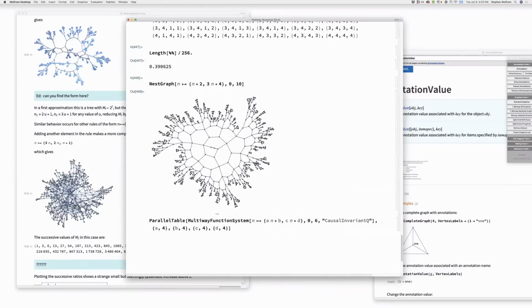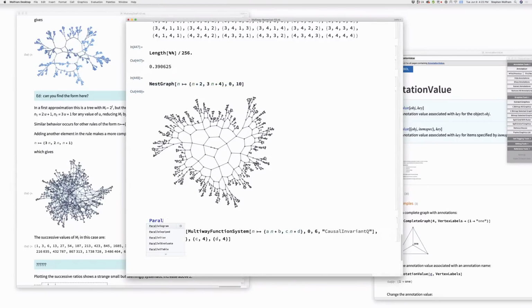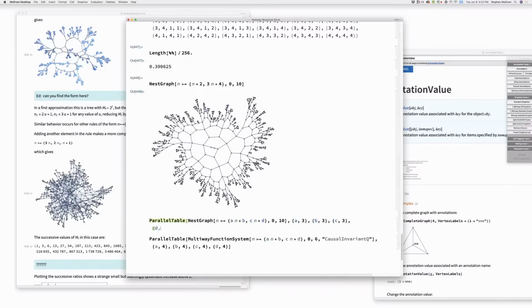Okay, so let's do this. Let's say nest graph of this, let's say parallel table, nest graph A times this plus B, C times this plus D, up to 10. And let's go ahead and make that table, A up to 3, B up to 3, C up to 3, D up to 3.